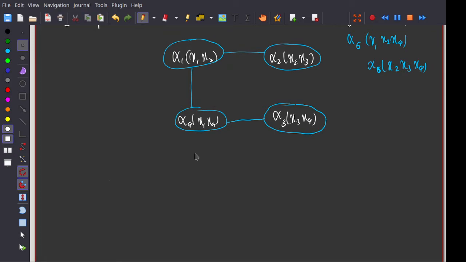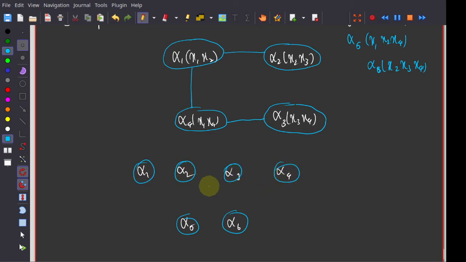So can you just tell me? Let's take alpha 2, 3, 4. You're saying all of them are going to be connected to alpha.